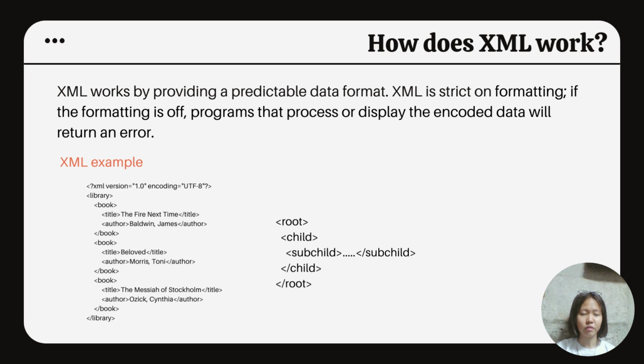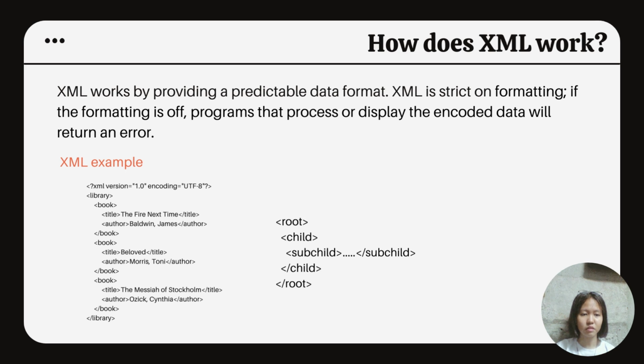XML example. The following is an example of a simple XML file. The first line in this example, called the XML prologue or XML declaration, specifies the version of XML being used, as well as the character encoding scheme. This declaration, if present, must be the first line of the file.